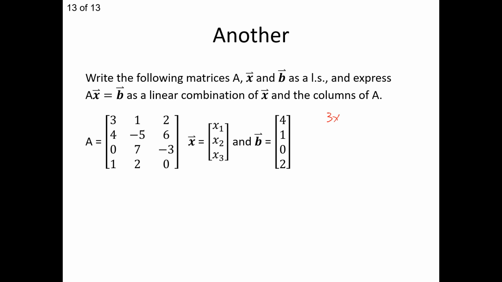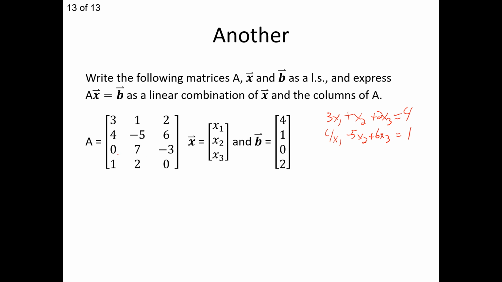It'd be 3x sub 1 plus x sub 2 plus 2x sub 3 equals 4. Notice that I just did my first row, my three unknowns, and then my first element of my m vector, and then just rinse and repeat that. So 4x sub 1 minus 5x sub 2 plus 6x sub 3 is equal to 1.